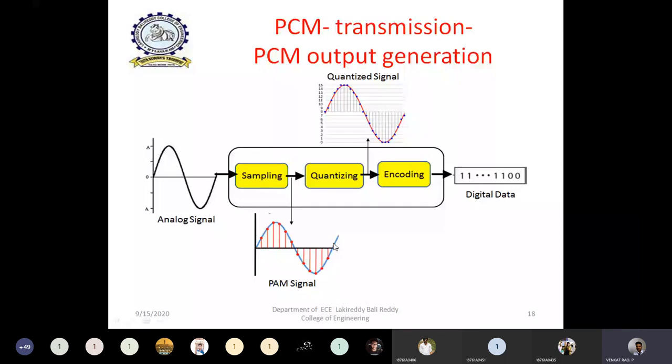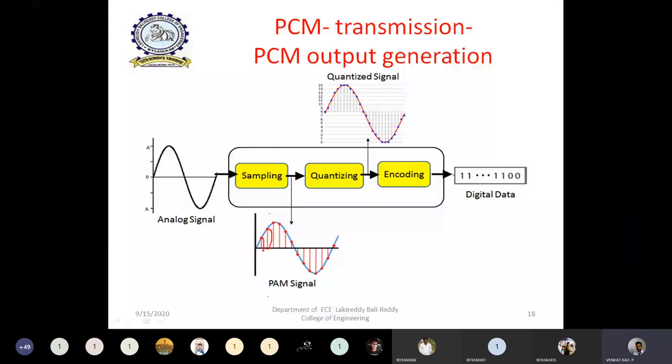Ideally these are impulse signals, but practically there are no such impulses. Practically, each sample has some width, so if you observe, all the samples have some width, and then this waveform is clearly like a PAM signal.